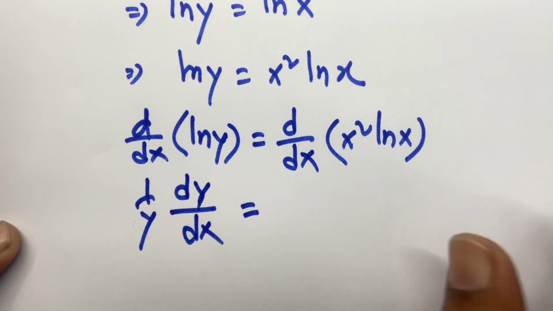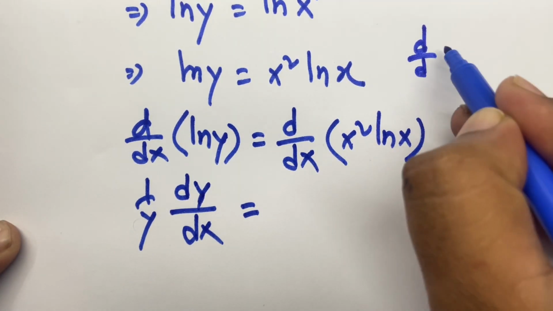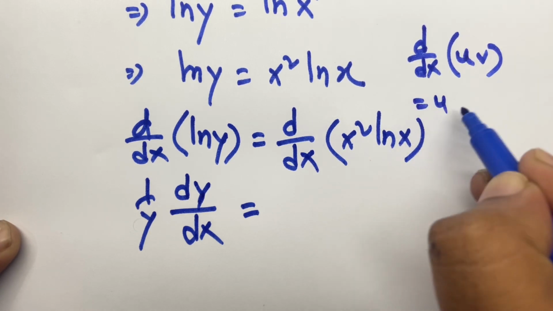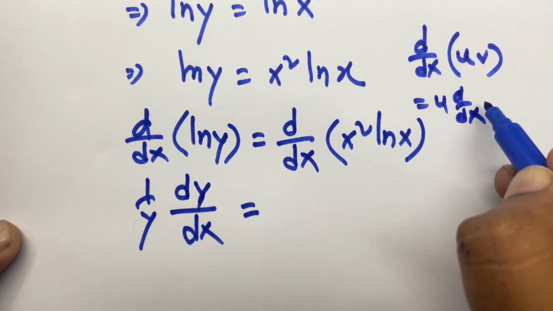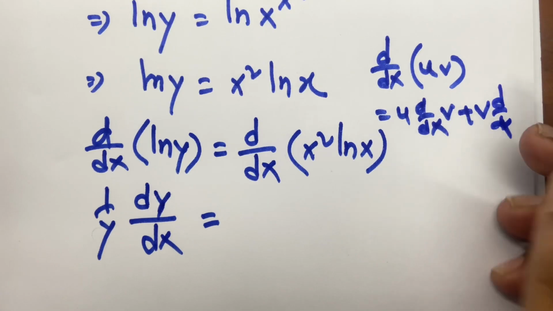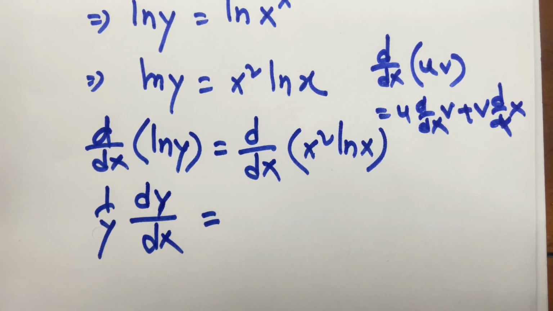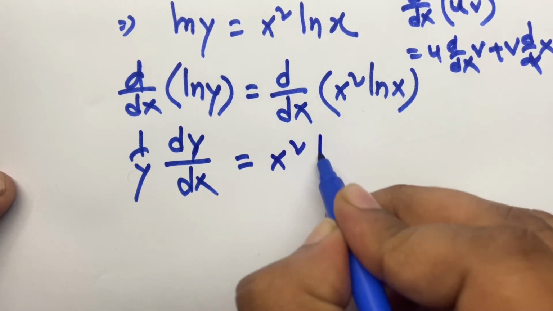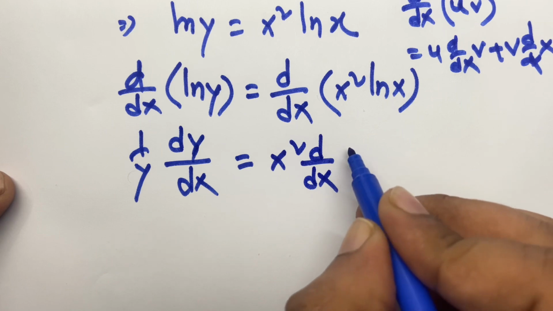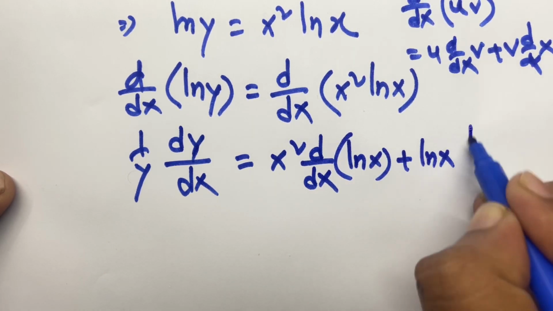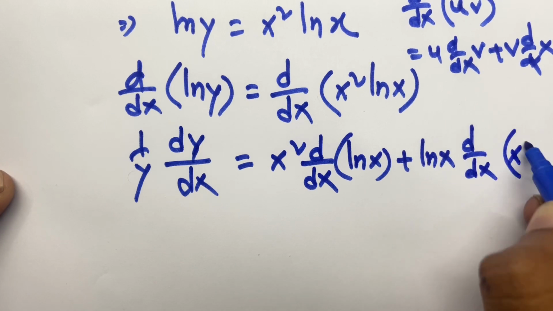We know that d/dx of uv equal to u d/dx of v plus v d/dx of u. I follow this formula in this line. This time I can say x squared times the derivative of ln x plus ln x times the derivative of x squared.